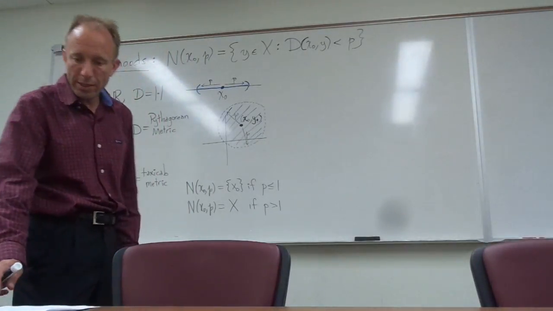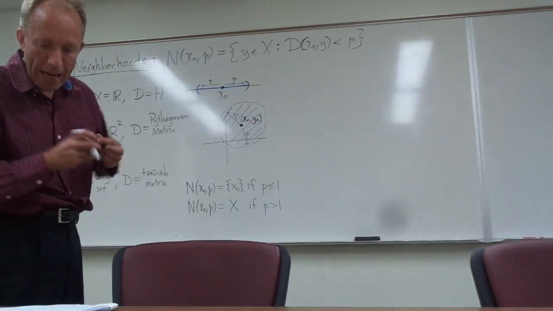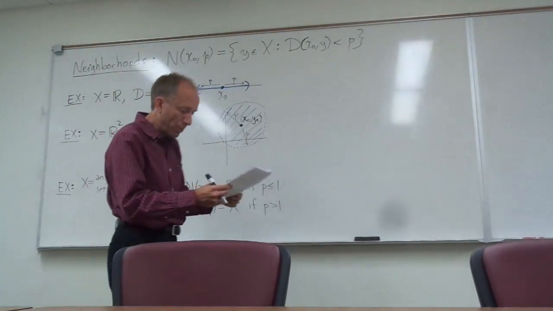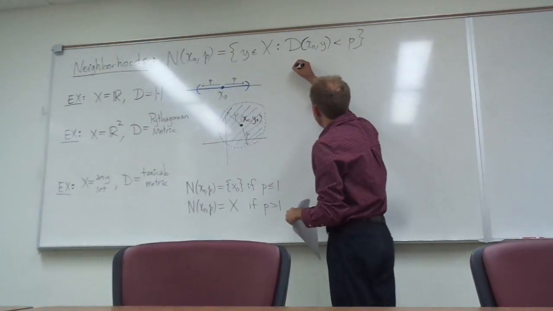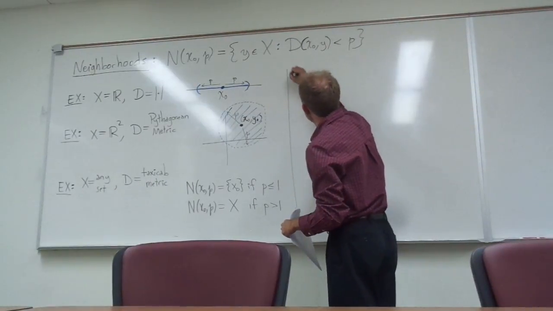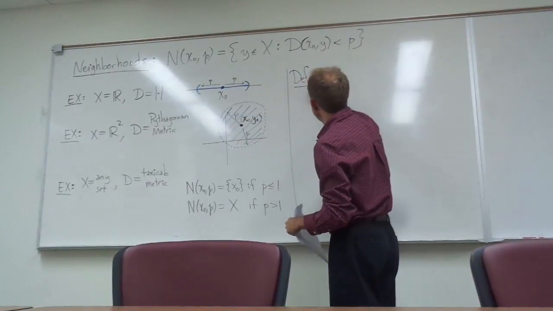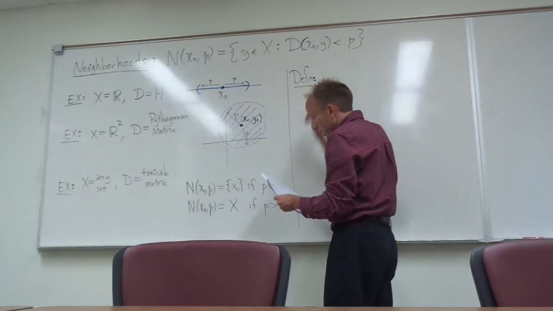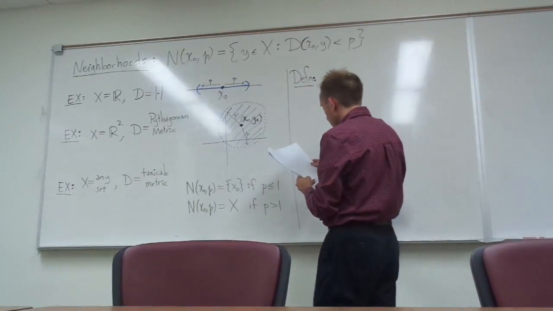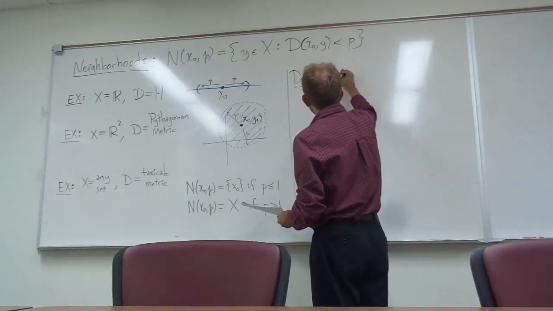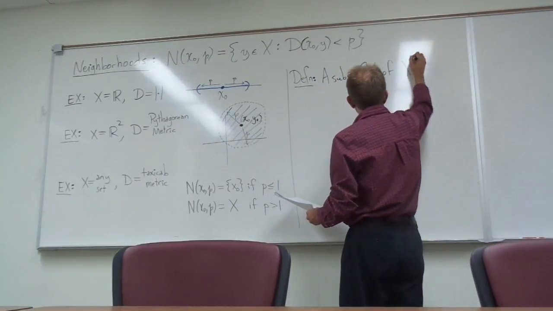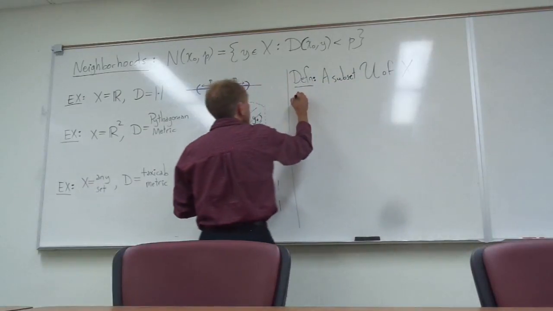So this is the definition of a neighborhood, and we need this concept of a neighborhood to define what's called an open set. So I'm going to start right here, and this is where we get into something I did not get around to saying on Wednesday. So this is a definition. A subset U of capital X is open.